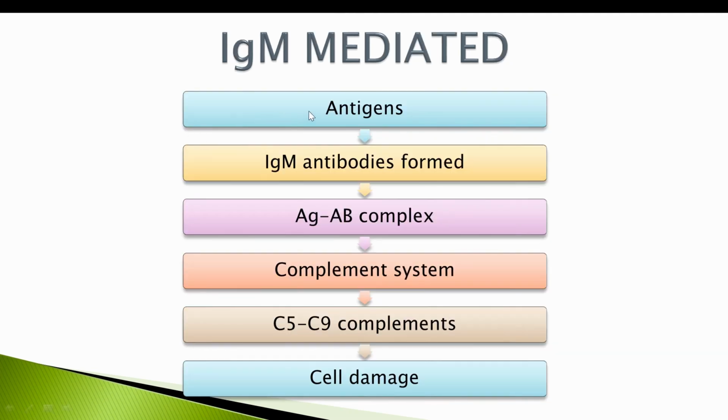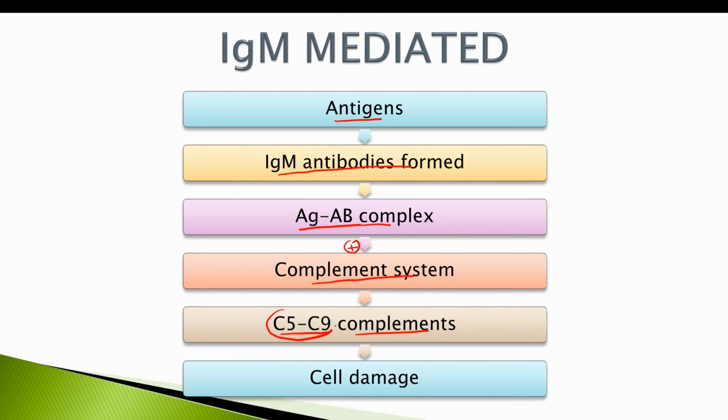So in IgM mediated type 2 hypersensitivity, the antigens are present either on the cell surface or in the matrix, and IgM antibodies are formed against these antigens, forming antigen-antibody complex. So this antigen-antibody complex activates the complement system, which produces C5 to C9 complements.